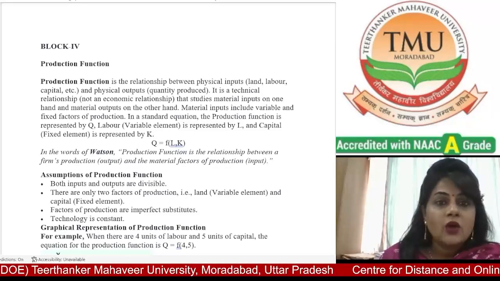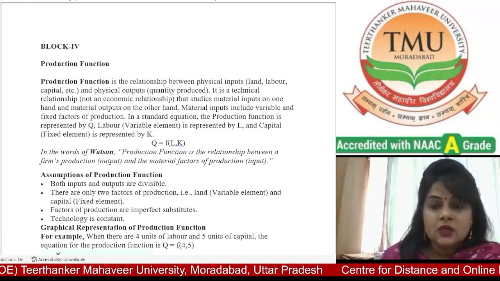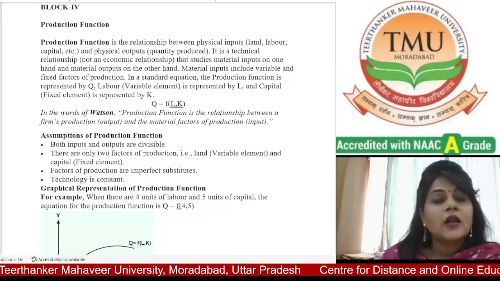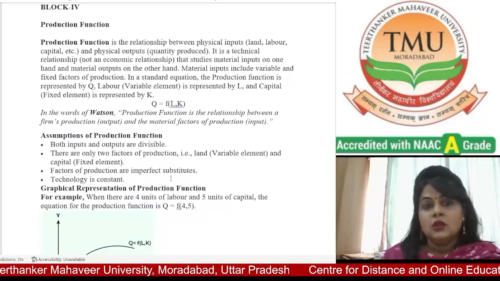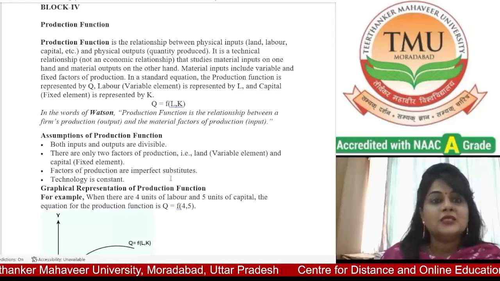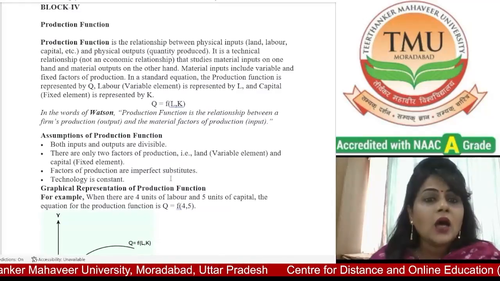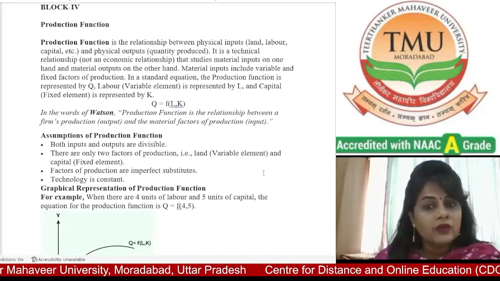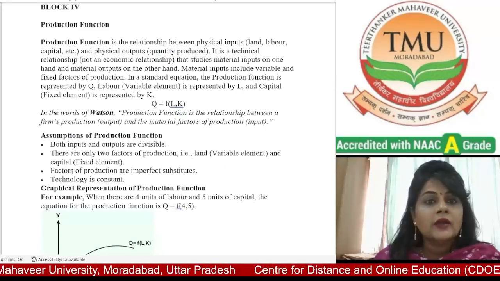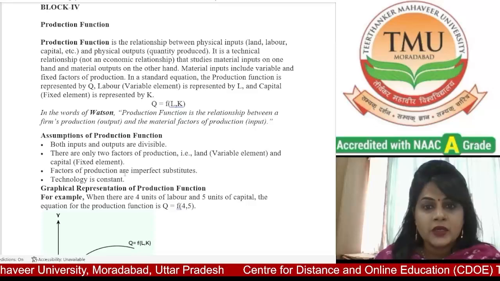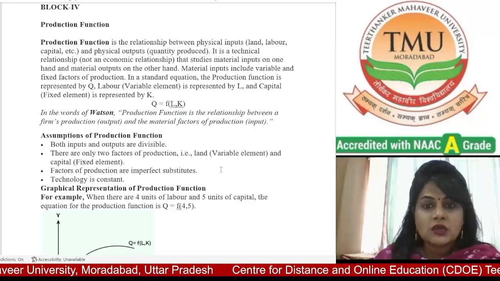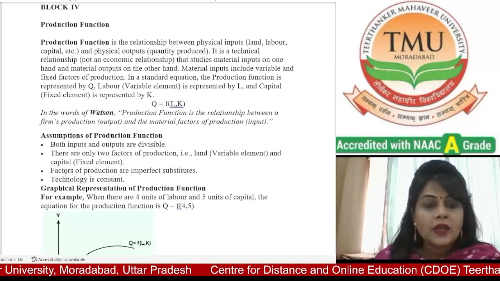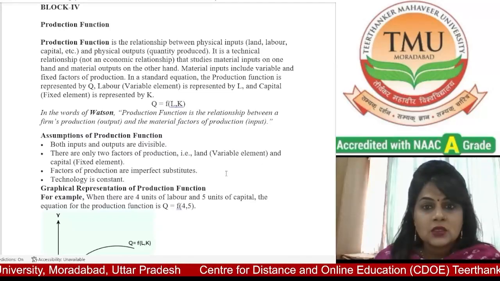Both inputs and output are divisible, meaning they can be divided into parts. There are only two factors of production: labor, the variable element, and capital, the fixed element.